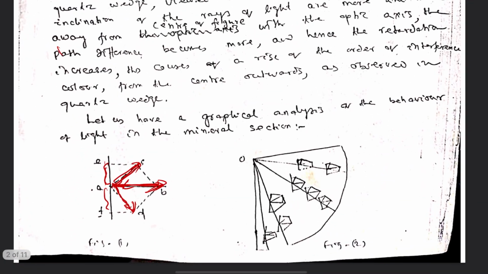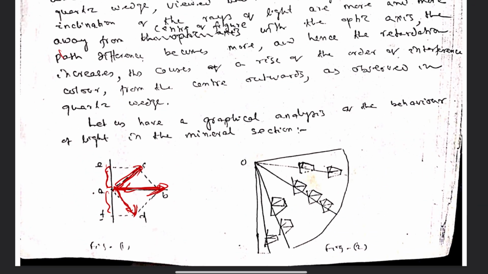So let us say in this condition we are getting a certain color. What happens if this condition prevails in any diagonal line? What happens to the intensity of light?